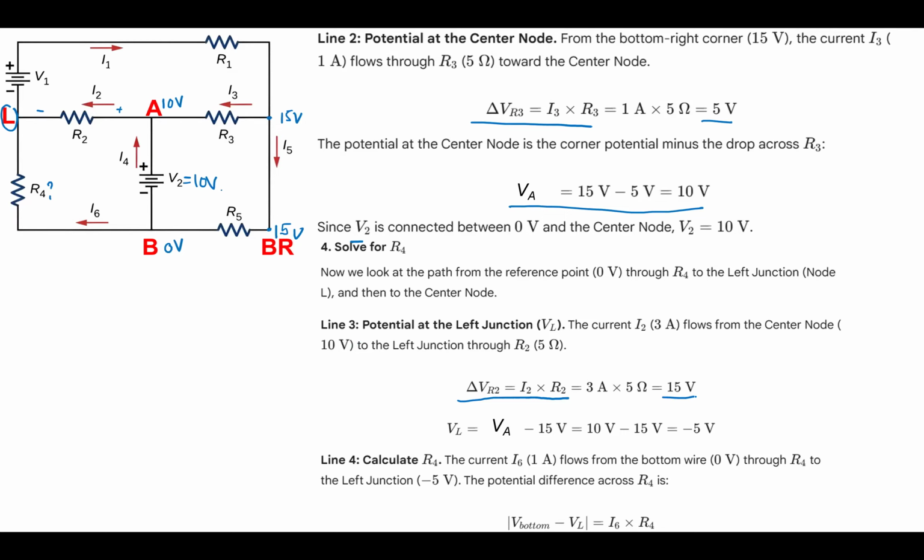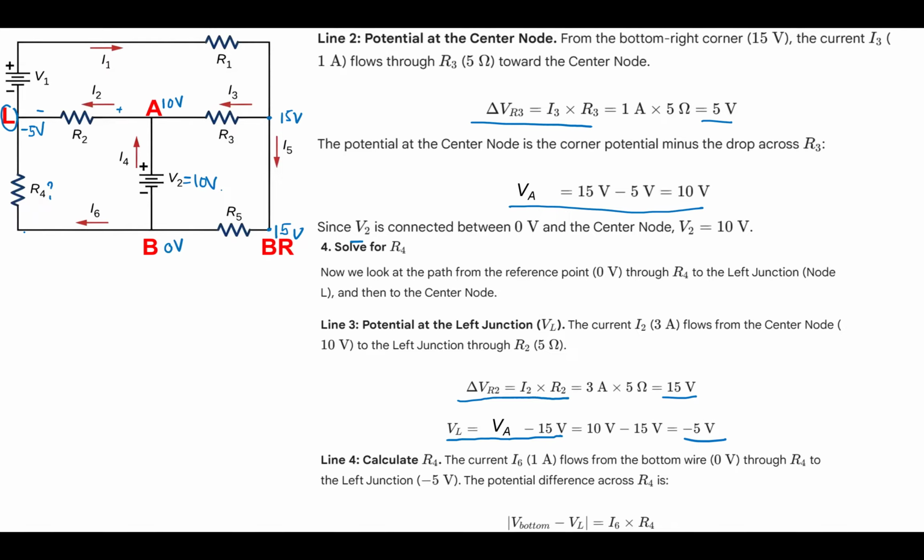It's going to be 15 volt, okay? And then at this part, it is dropped by this much, so that VL is VA minus 15 volt, is minus 5 volt. So at L, it is minus 5 volt, okay?